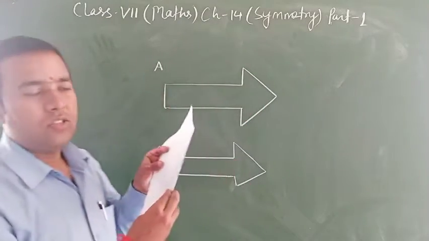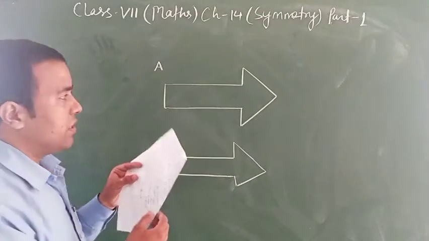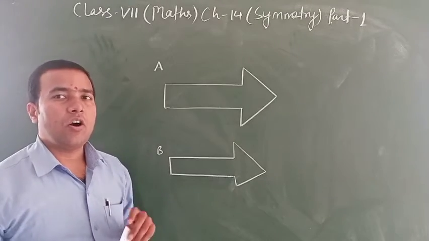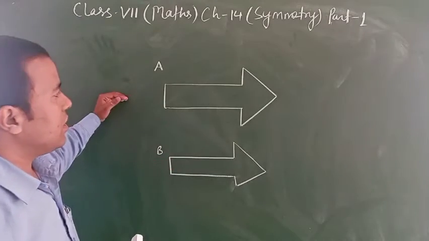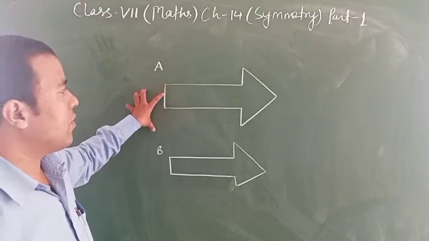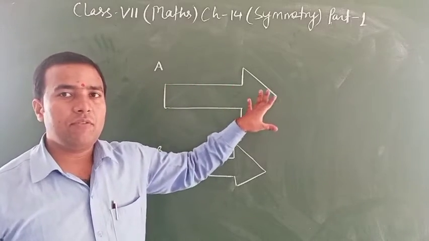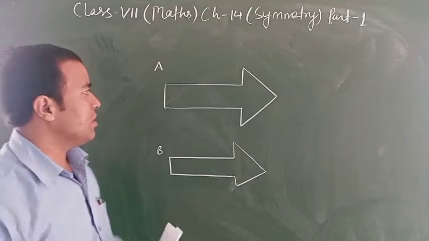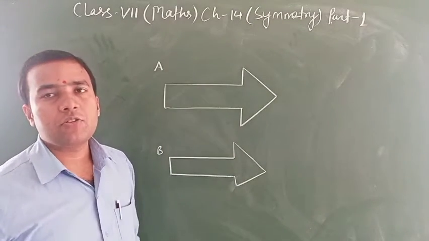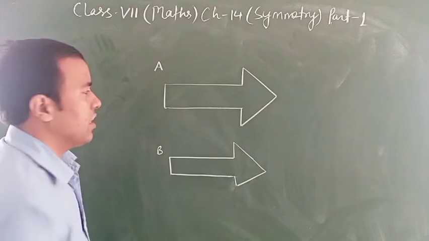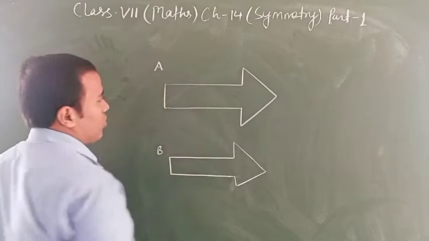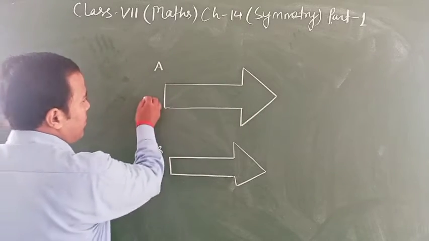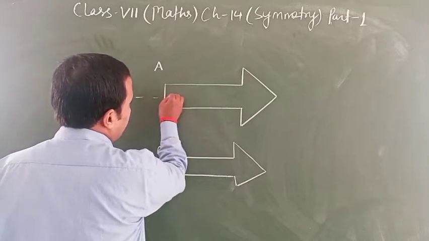Line of symmetry means if we fold any object and after folding the line makes equal parts, that is a symmetrical line. Suppose the question is to make a line of symmetry; we will make it from the middle.